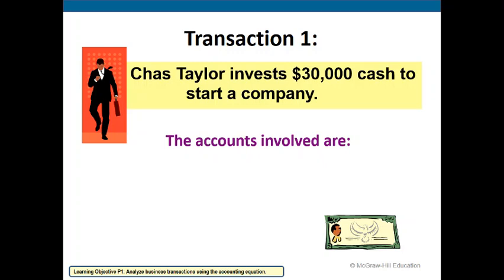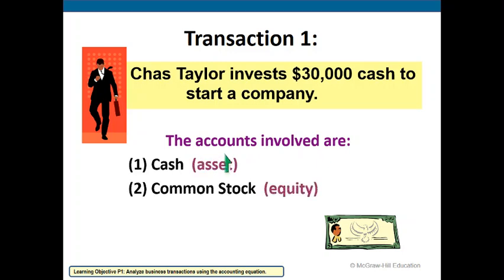But here, you have $30,000 in cash going to assets. The other $30,000 account affected is owner's equity, or if there's stock involved, common stock, which affects equity. So both go up in this case, $30,000.